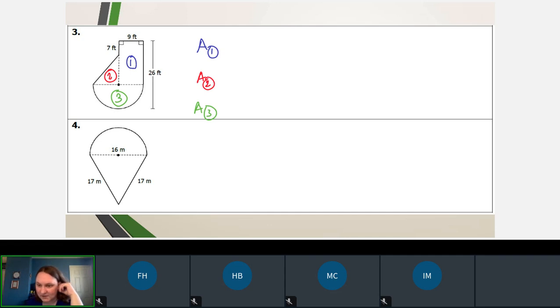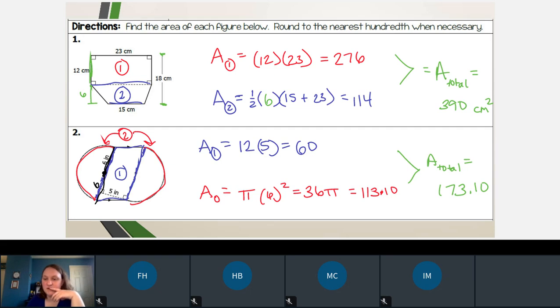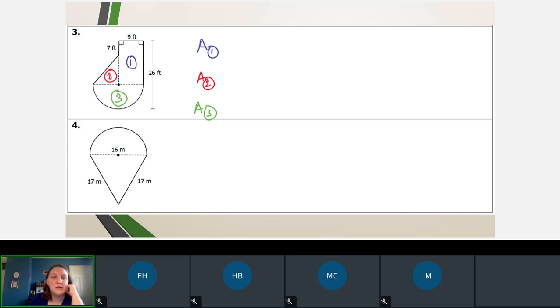Mariah, I missed what you said. Yeah, okay, I'm going to go back a slide just for a second. Did you get it? Perfect. All right. So let's find the area of the rectangle. To find the area of a rectangle, you need a length and a width.